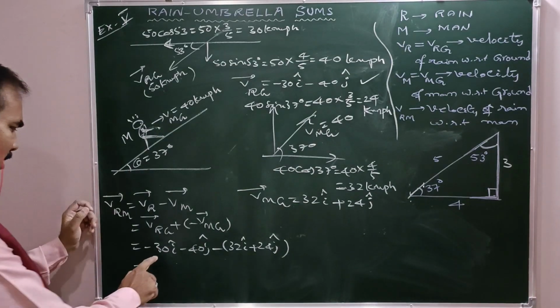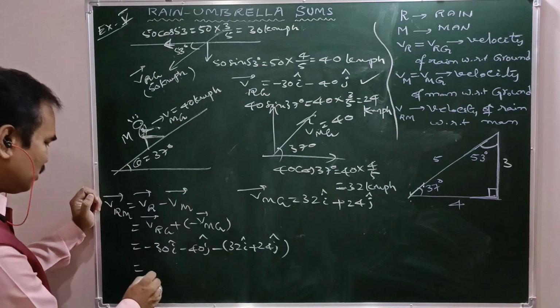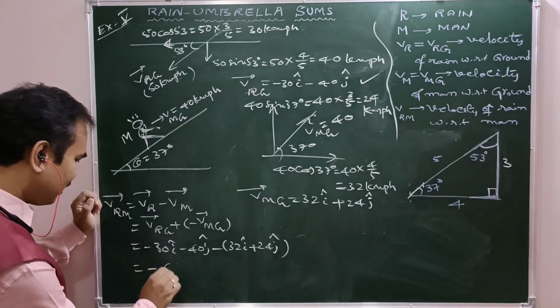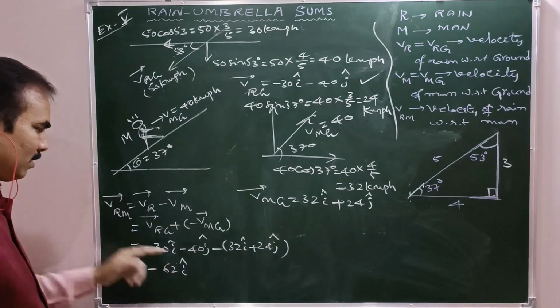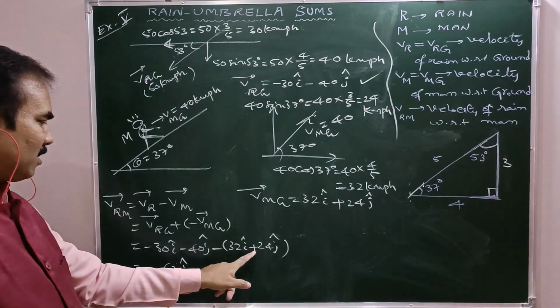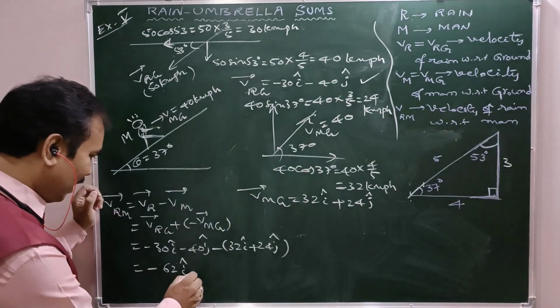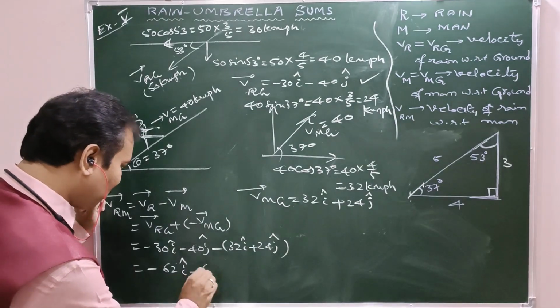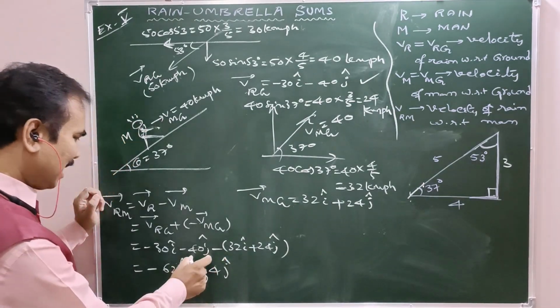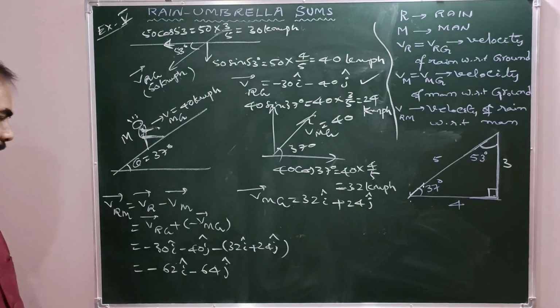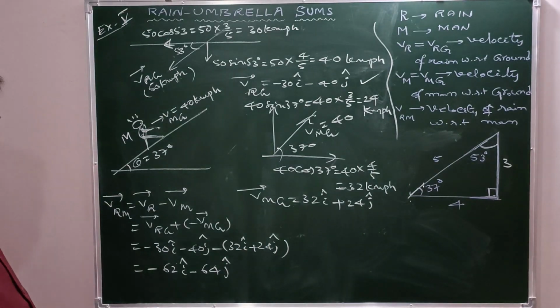That is minus 30 minus 32, which is minus 62 i cap, and minus 40 j minus 24 j, that is minus 64 j.